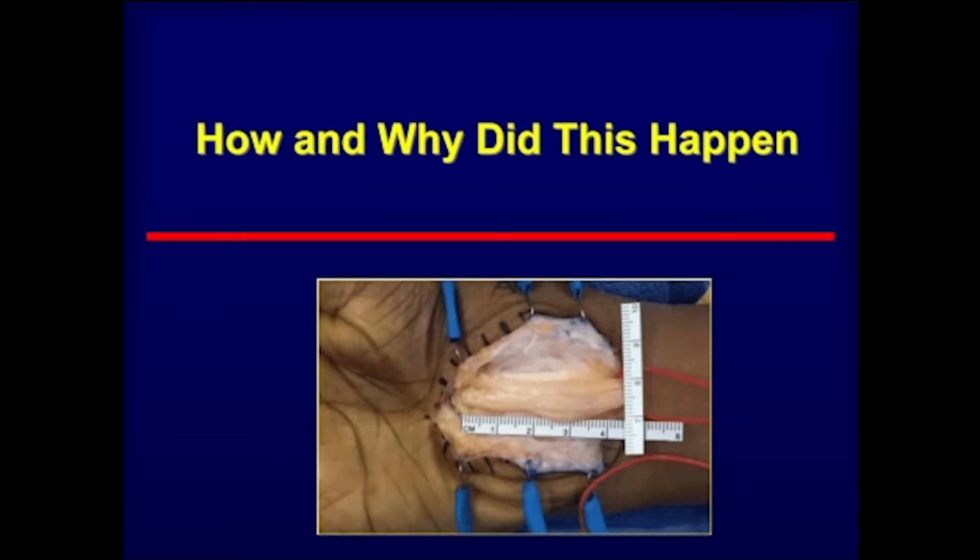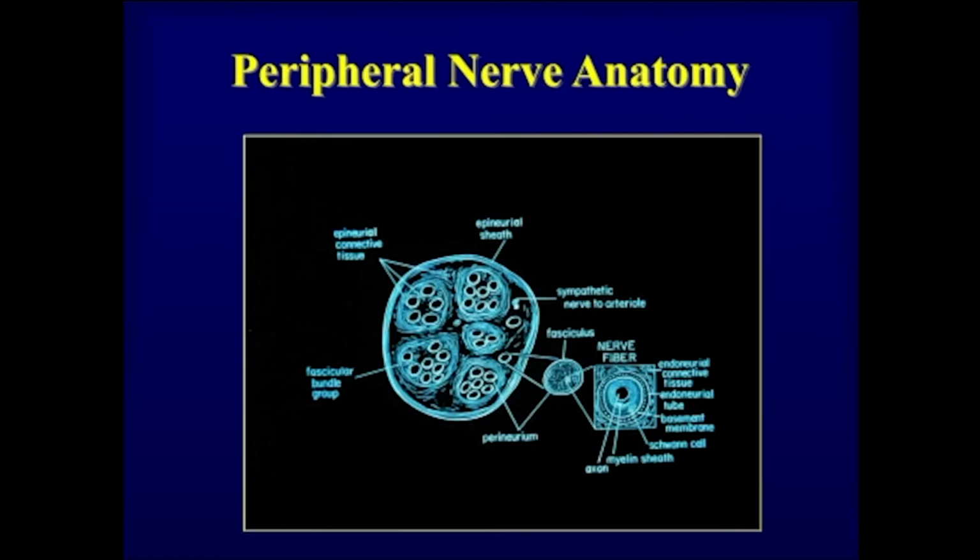Thank you, Nader. The aim of my presentation is to provide a foundation for the understanding of the pathophysiology of nerve compression syndromes and the methods of evaluation. Before I go much further, I think it's important for us to spend a bit of time talking about the functional anatomy of the peripheral nerve.